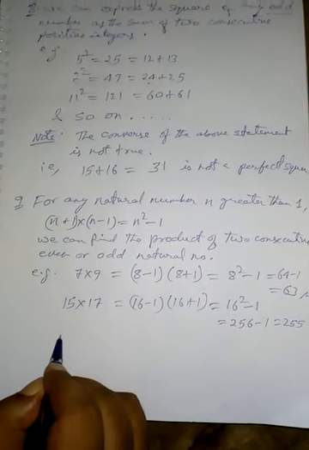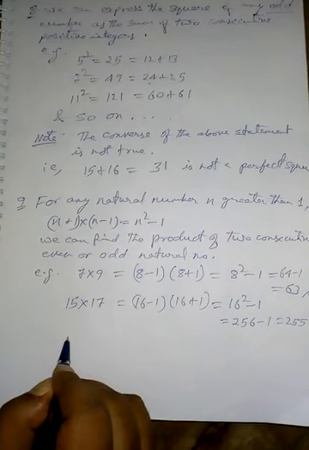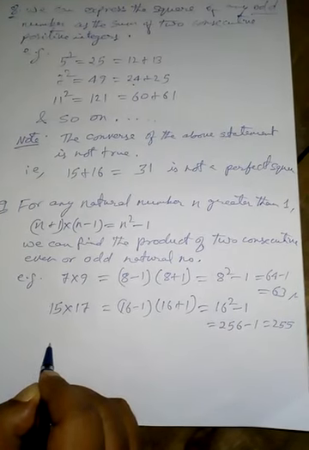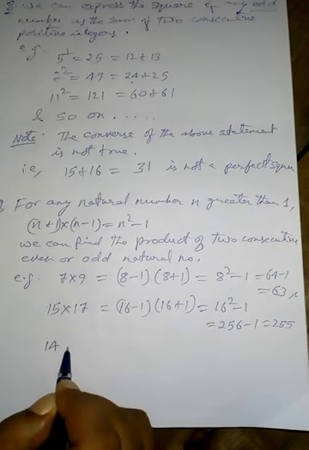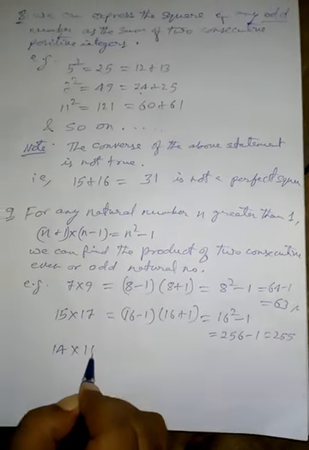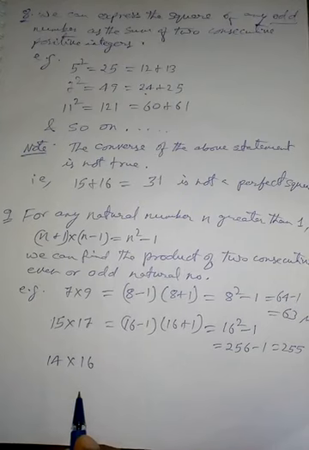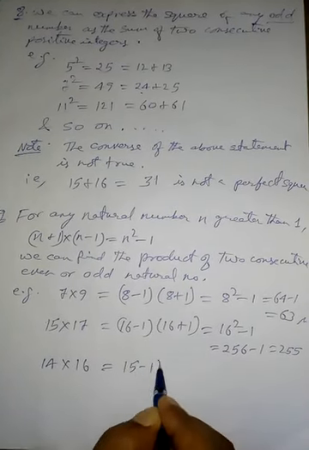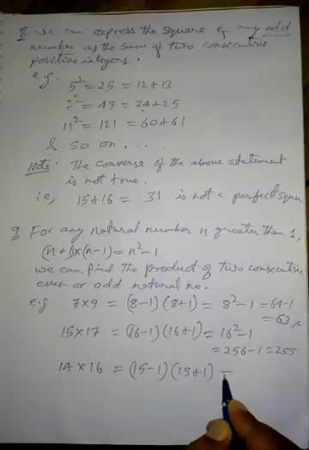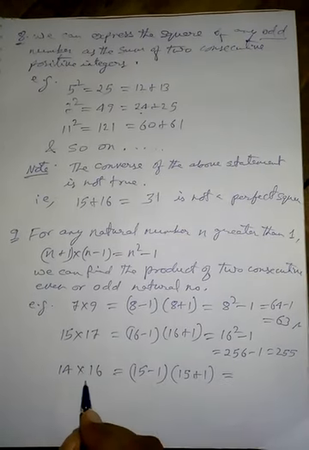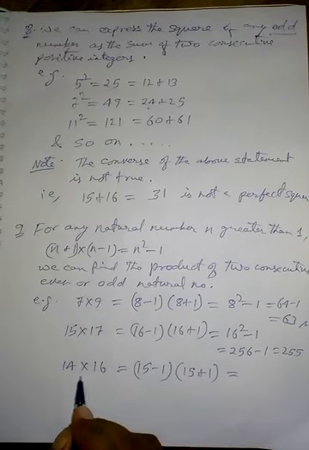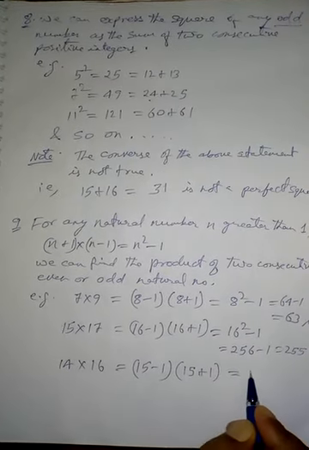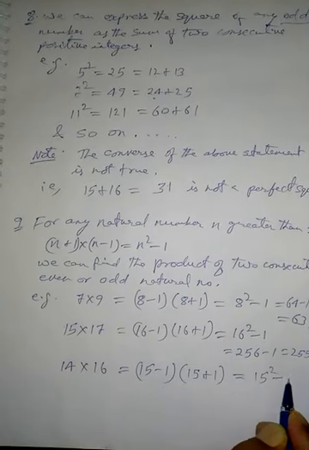Now let's see consecutive even numbers. Let the first consecutive even number be 14 and the second will be 16. 14 into 16, consecutive even numbers, can be written as 15 minus 1 into 15 plus 1. And we get 15 square minus 1.